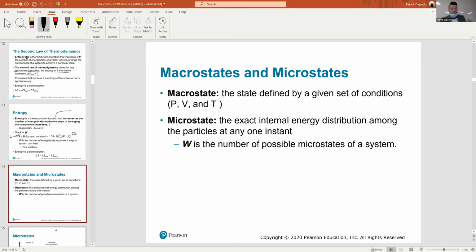Okay, so this W, this number of possible arrangements of particles, can be defined in terms of macro and microstates. This is what we use to explain it. Now, we're going to explain it on a very small scale, meaning only 2 molecules, maybe 4. But once you get higher than that, it gets exponentially crazy. A macrostate, the easy one, is the state defined by the setting, the environment, the parameters of the container, meaning the pressure, the volume, and the temperature.